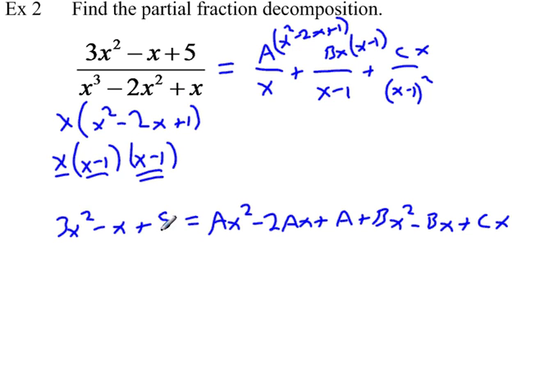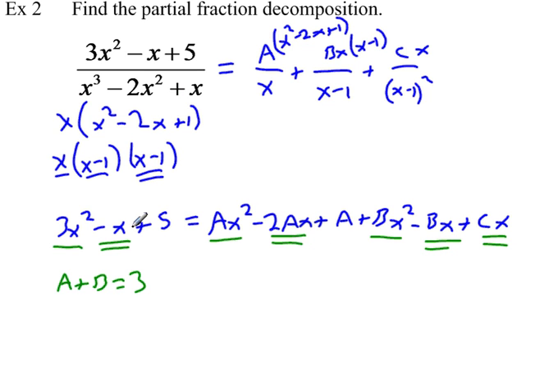Okay, now we need to say, let's look at the x squared terms, the x terms, and the numerical terms. I'll underline the x squareds. Here they are. So if 3x squared equals ax squared plus bx squared, that means 3 must be equal to a plus b. Let me write that equation. a plus b equals 3. Now let's look at the x's. I'll put 2 underlines by each of these x's.